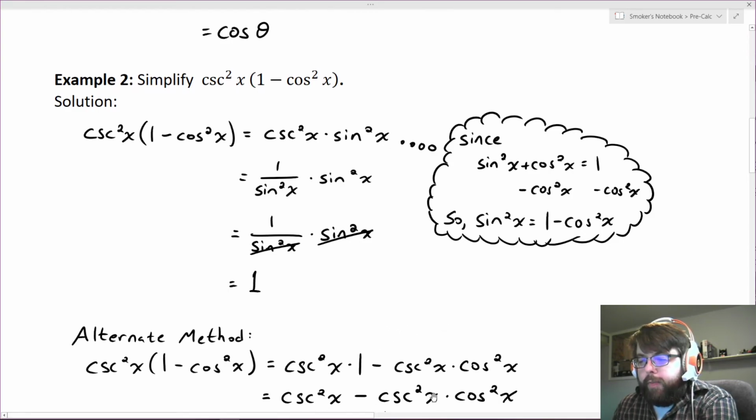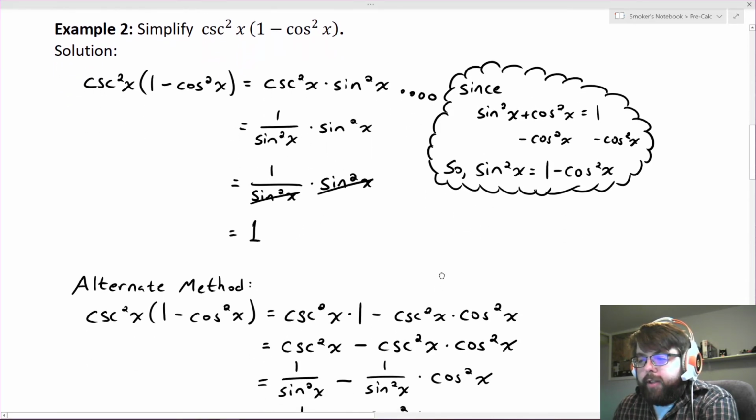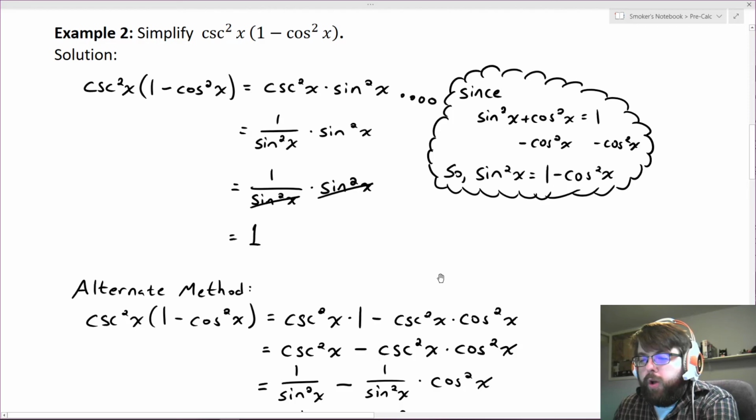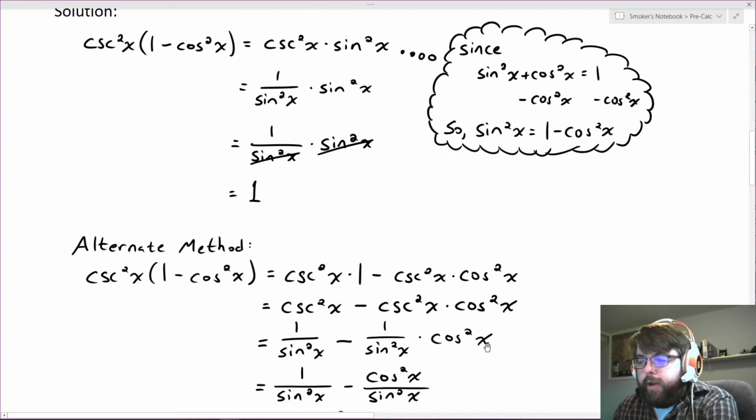And at this point, remember, if there's nothing else that you can think to do, change everything to terms of sine and cosine. So I'm going to change those cosecant squares to 1 over sine squared. Okay, so now I have 1 over sine squared minus 1 over sine squared times cosine squared. That cosine squared can go in the numerator. Nothing really cancels out at this point.